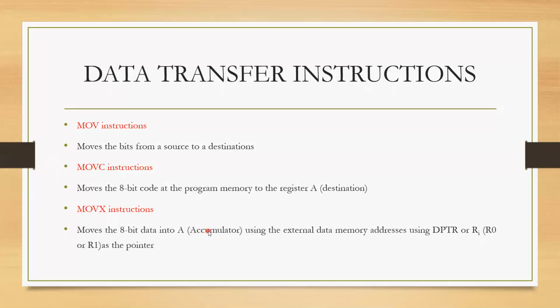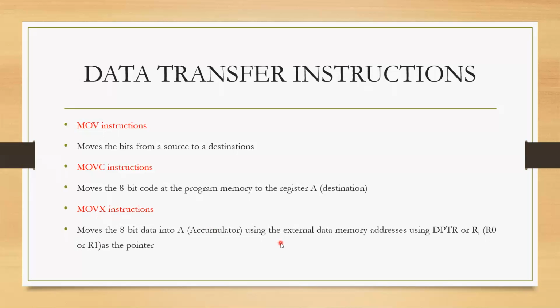Data transfer with the external memory is only done between the accumulator register and the external memory space. So one of the operands is always the accumulator, and the other is the external memory address.